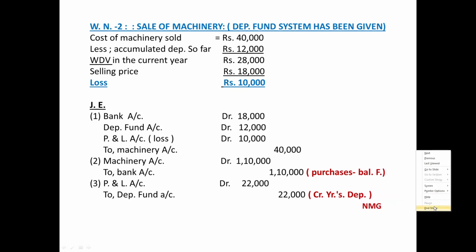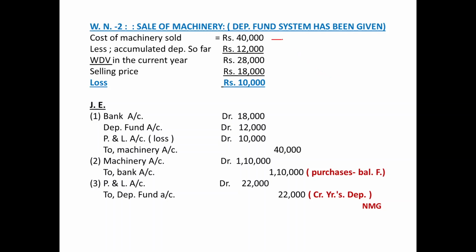Working note number 2. Have a look. Sale of machinery. The depreciation fund system has been given in the question; you have to remember it. Though in our previous questions also the depreciation fund system was given, so you know the characteristics of this system very well. There is no need to repeat it once again.